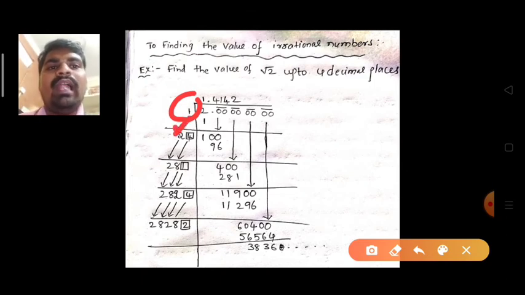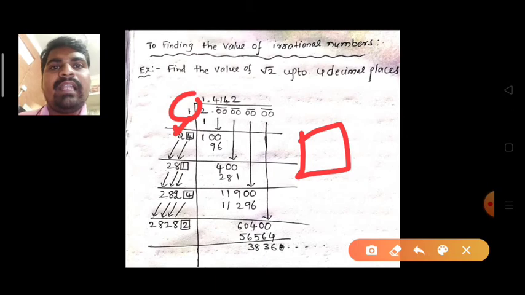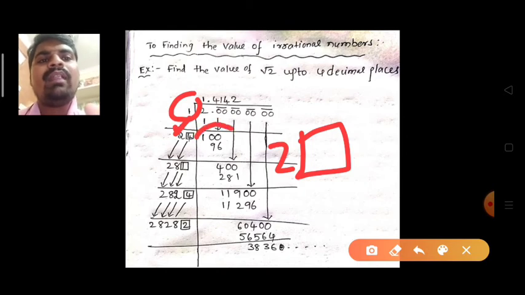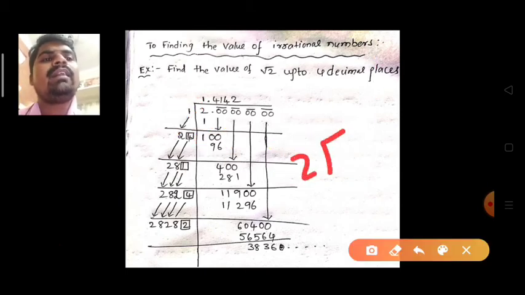I wrote the second digit box because it is not there in the textbook, I just wrote it for understanding purpose only. In your first step it is empty actually. So in this the value is 100. You take here, for example, 1, you should write in the quotient also 1. If you take 2, you should write the 2 in the quotient.